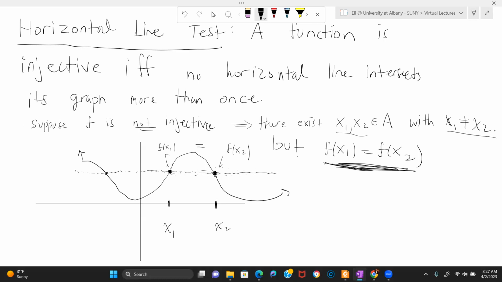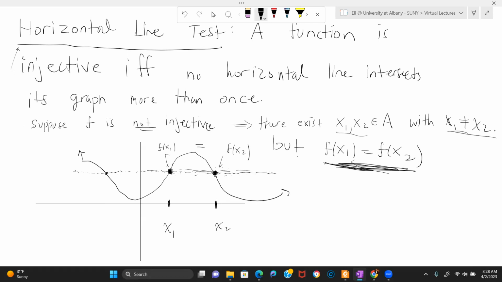If you're not injective, then you can find 2 points, x1 and x2, with the same output, and that allows you to construct this horizontal line. That's one direction of proving the horizontal line test. The other direction is this: suppose you have such a horizontal line, and it intersects the curve at two distinct points. Call them x1 and x2. You can call them whatever you want; it doesn't matter.